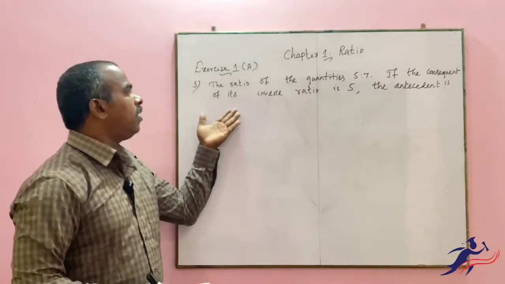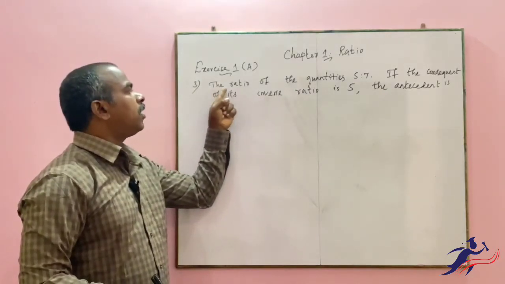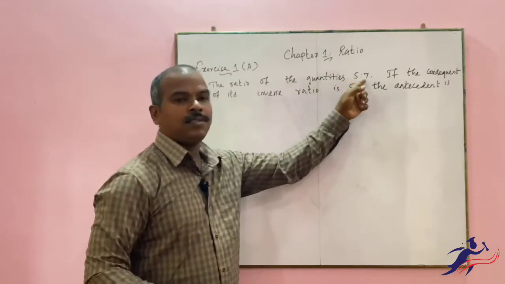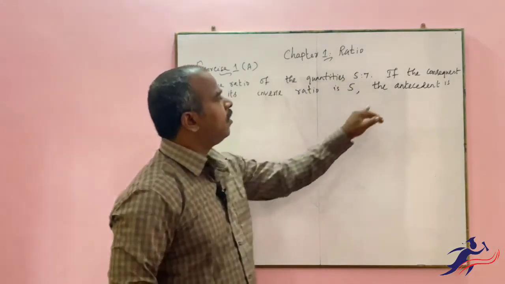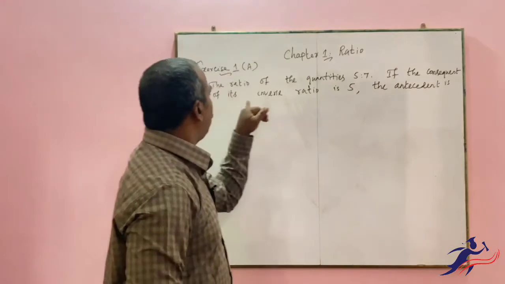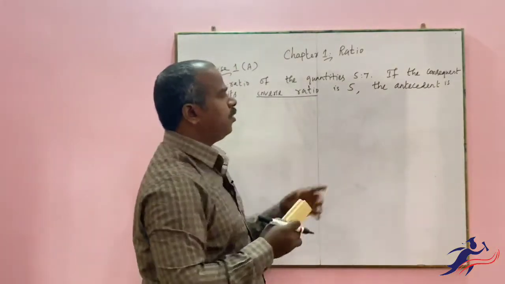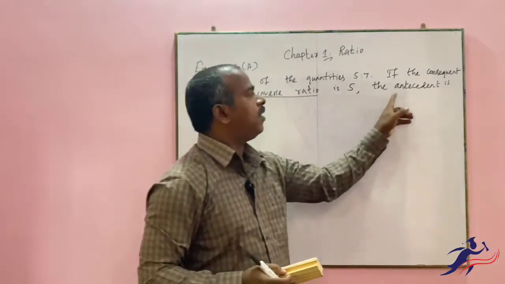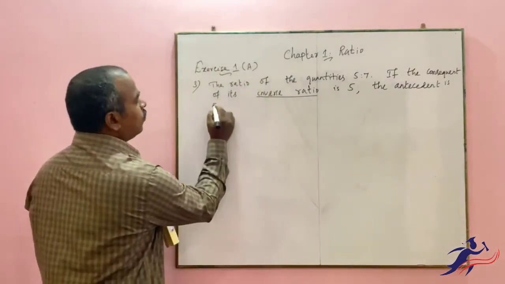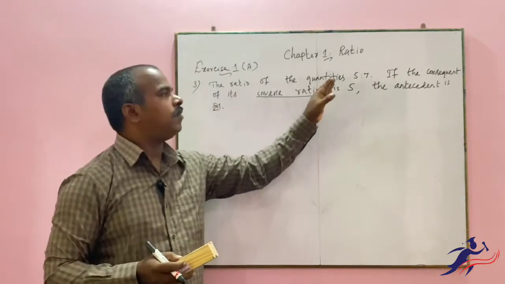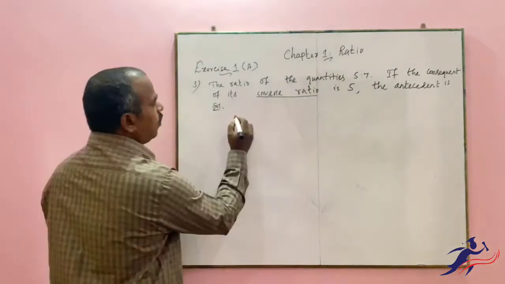Now question number 3, the ratio of the quantities 5 is to 7. If the consequent of its inverse ratio is 5, then the antecedent is, so solution. So first we should find out the inverse ratio of this ratio.